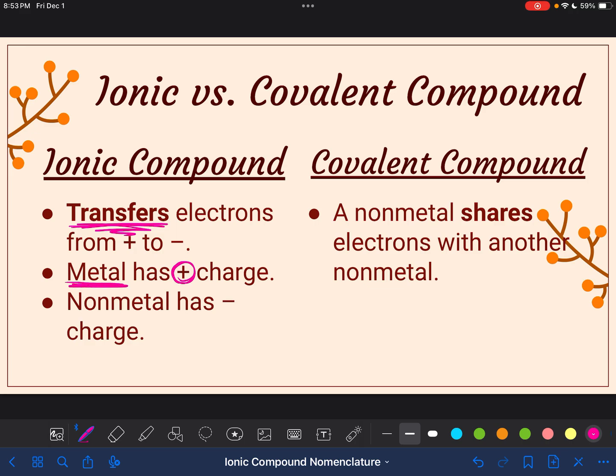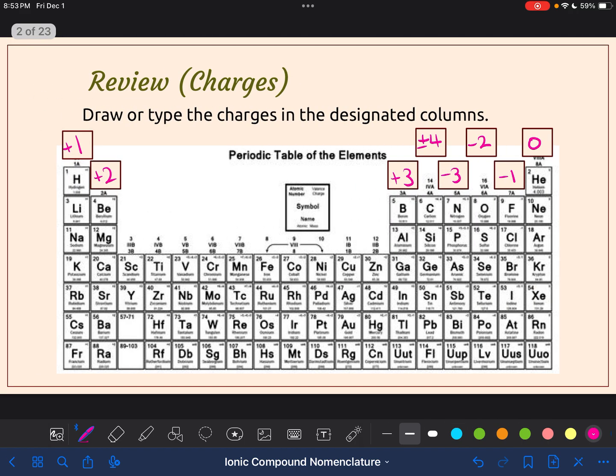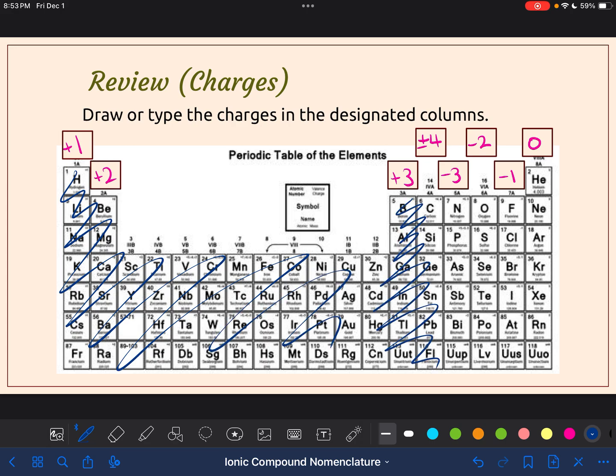If we go back to the periodic table, everything on this side right here is a positive charge. So you should know that looking at the periodic table, the left side is always positive.